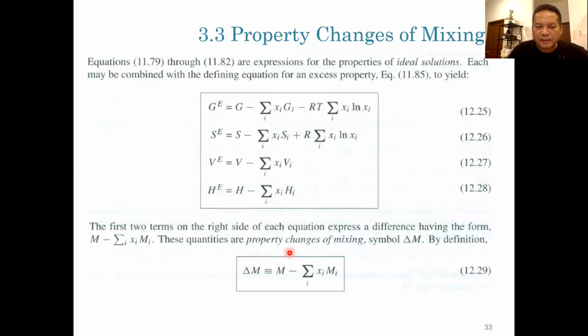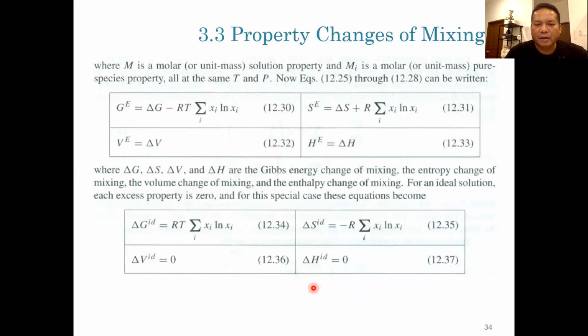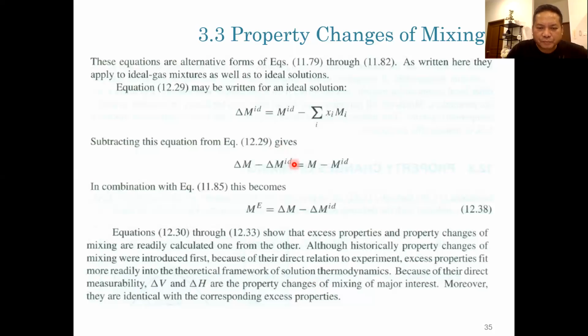This is actually put over there, it becomes M minus delta M, minus M minus delta M, so we can rewrite it into this form. With this combination, we can find that M excess is equal to delta M minus delta M ideal solutions.